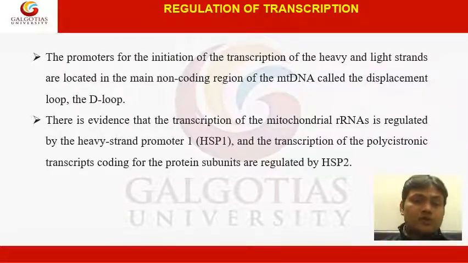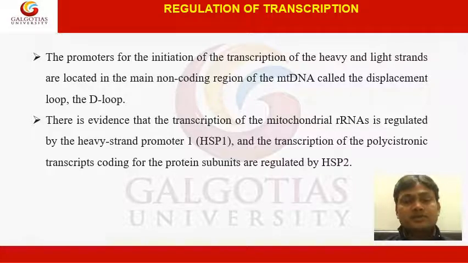Now we'll talk about the regulation of transcription in mitochondrial DNA. The promoters for the initiation of transcription of the heavy and the light strands are located in the main non-coding region of the mitochondrial DNA, called the displacement loop or D loop.